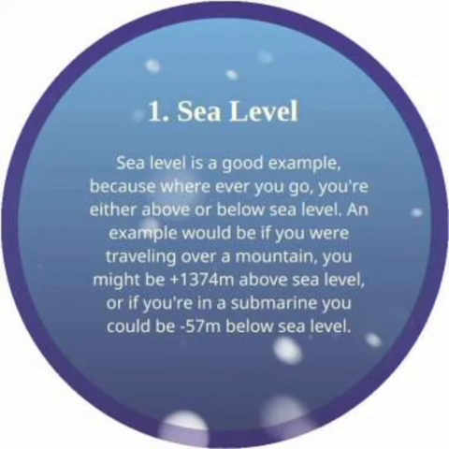Or if you are in a submarine, you could be minus 57 meters below sea level. So height above sea level is considered positive and height below sea level is considered negative.